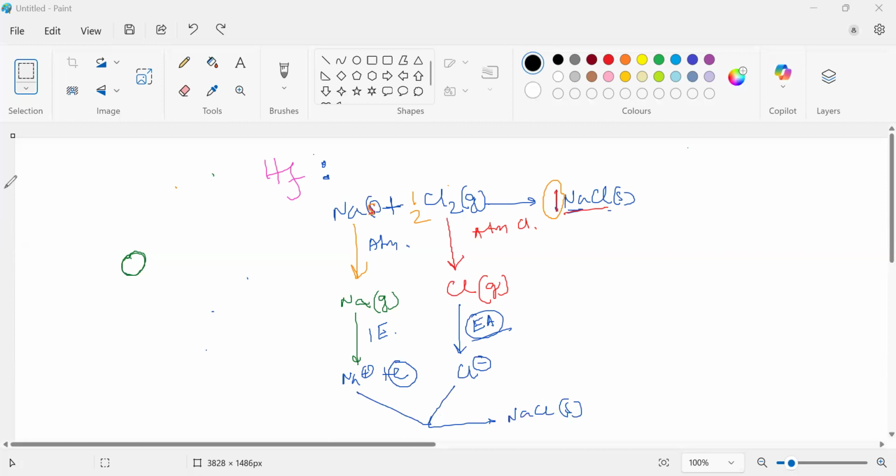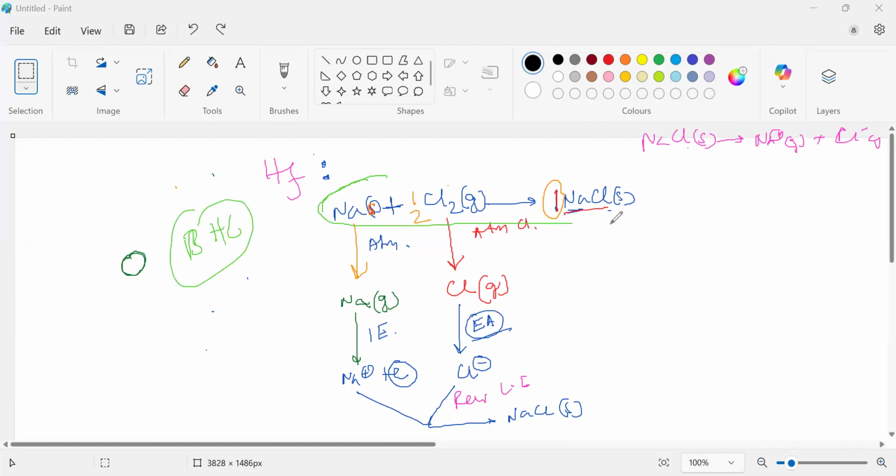This step is called the reverse lattice enthalpy. It's the opposite of lattice enthalpy. Lattice enthalpy is the enthalpy change when 1 mole of the ionic solid is separated into the gaseous ions. So what is the Born-Haber cycle? The Born-Haber cycle is very, very easy if you understand this. It is breaking down the formation of an ionic compound.